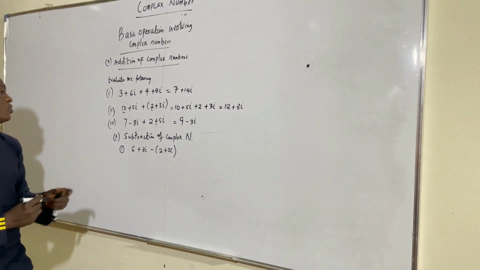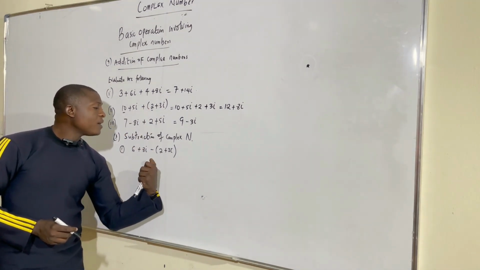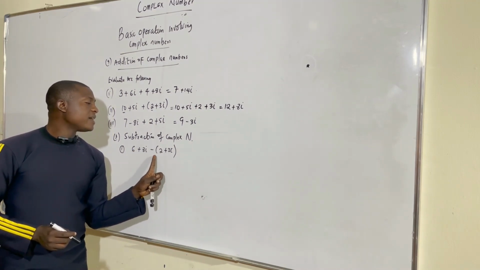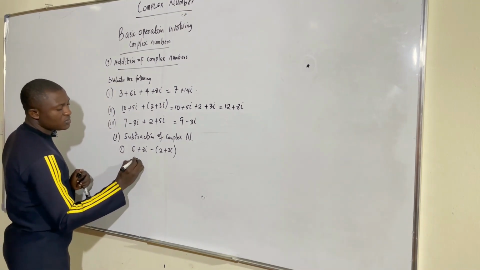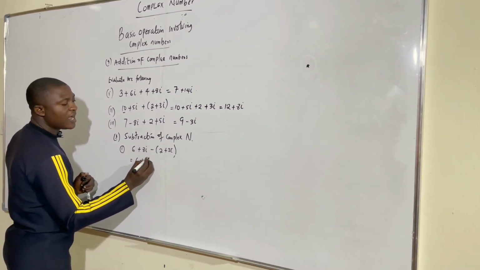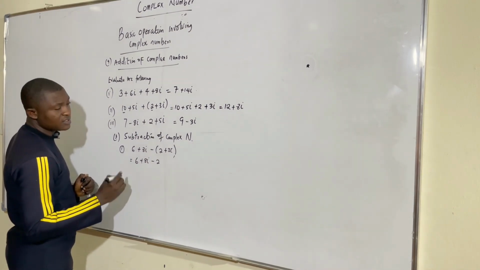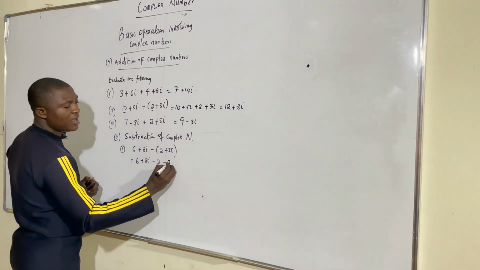That's what I'm telling you about this bracket. If you look outside here, we have a minus, which means before I perform these operations, this minus will affect the two numbers we have in the bracket. So meaning I can have this to be 6 plus 8i, minus times 2, we have minus 2, right? Remember, when we have minus times plus, that is a minus, then we have 3i.